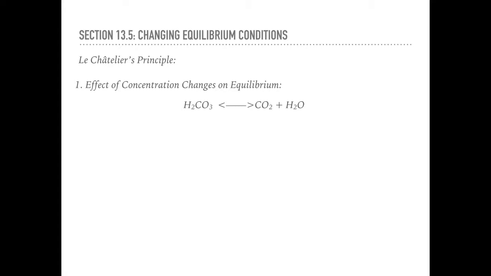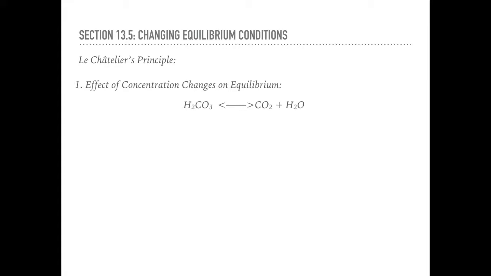So the question is, what happens, for example, if I were to add H2CO3, what would happen if I added CO2, or what would happen if I added H2O? And the answer is, if you think about it, if you suddenly add more reactant, what that means is that the rate of your forward reaction is going to increase, meaning you're going to form more CO2 and more H2O. So you would shift to the right.